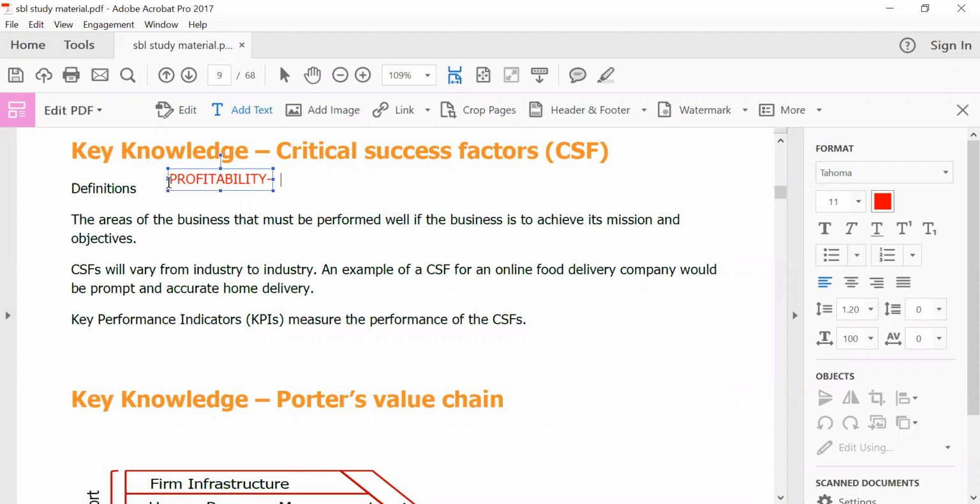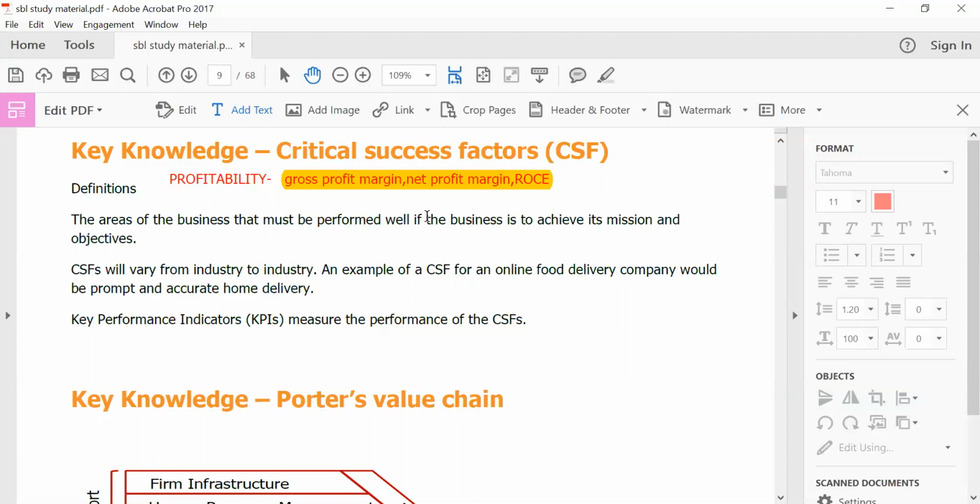I can look at issues like, let's say, gross profit margin, net profit margin, or return on capital employed. If these ratios are showing that I'm doing well, then it will portray that I'm really successful. So profitability is a critical success factor. It's a factor which shows that you are successful.